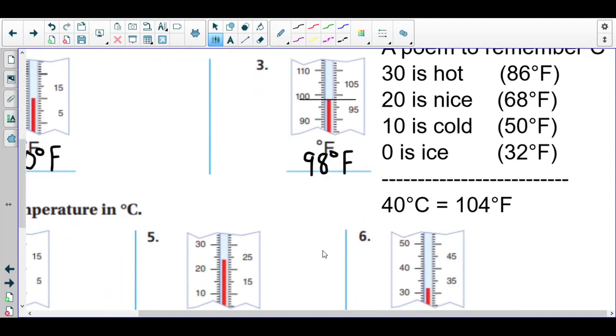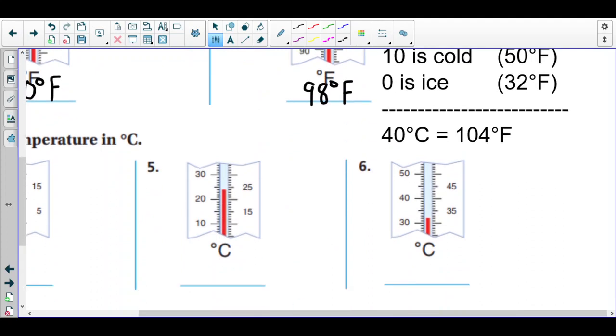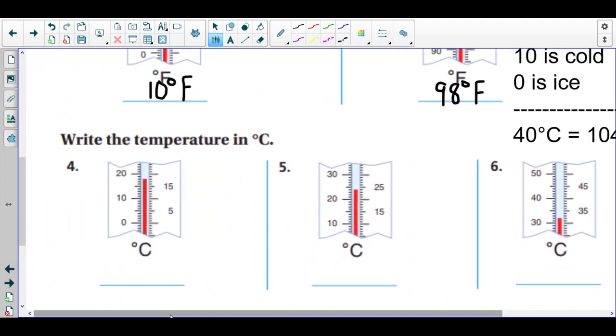All right. You will go ahead and turn the page. I'm just going to go down the page right here. And we're going to do some measurements right here. Let's see if we can't figure out these Celsius scales. So we'll put that one right about there. It's maybe just a tick or two over.